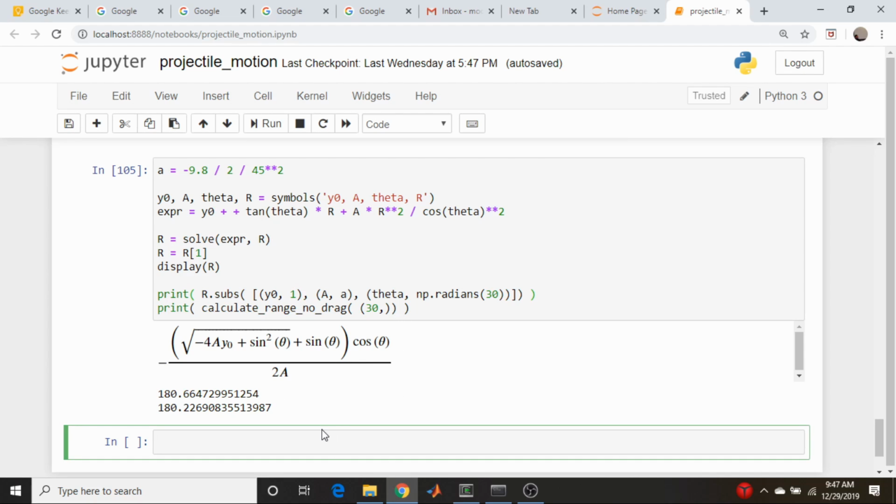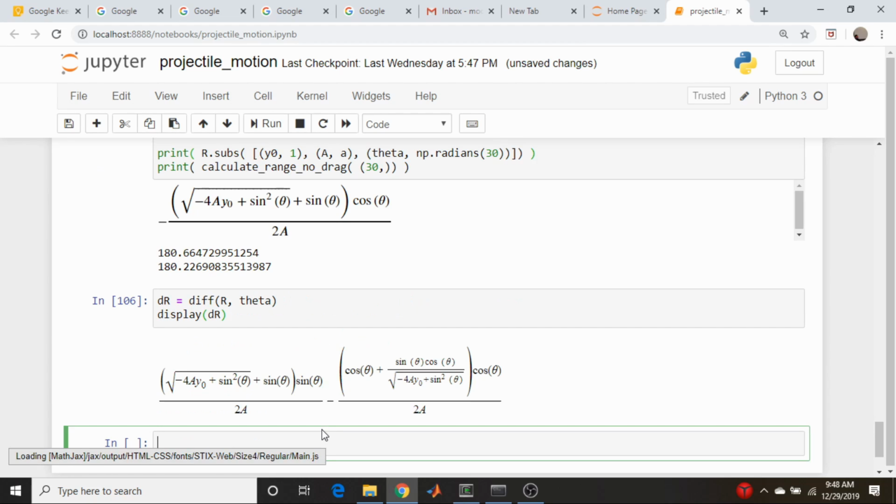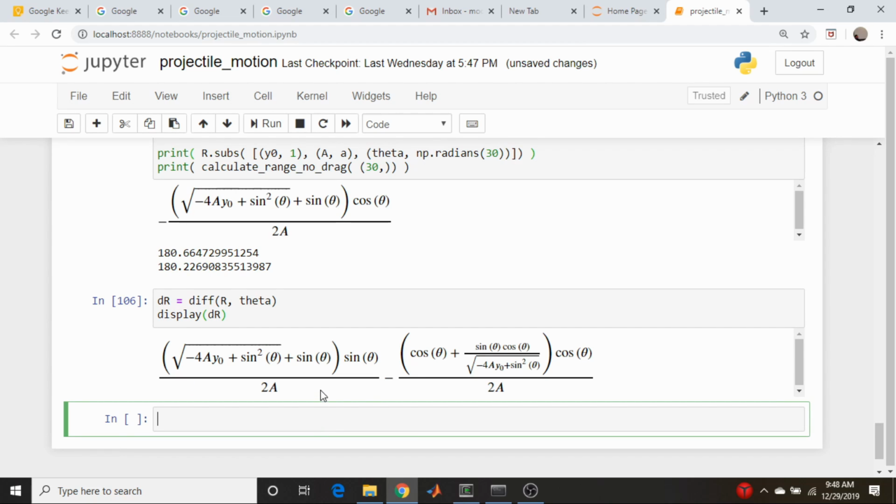And now let's calculate the optimum theta. So let's go down here and create a variable called dr, and that's just going to be equal to diff r comma theta, which calculates the derivative of r with respect to theta. Let's display dr. So we get something that's kind of ugly there, but we just plug in numbers, and that should do it.